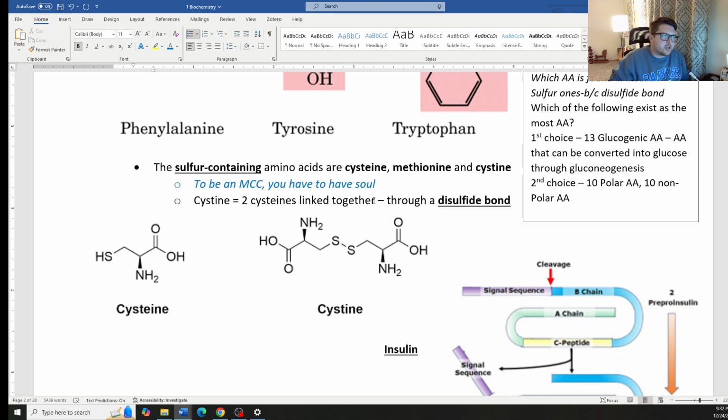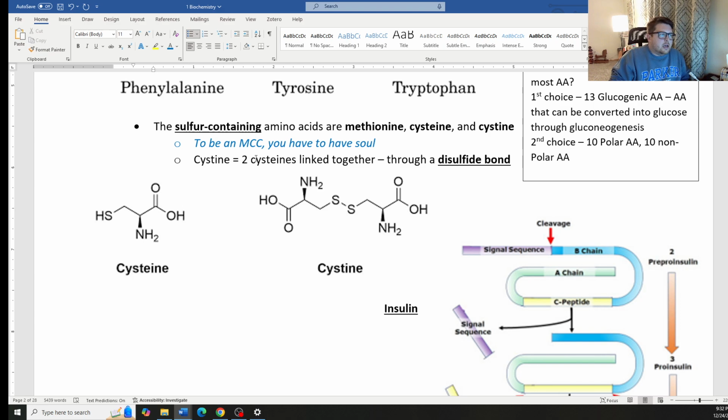We have sulfur-containing amino acids. These are cysteine, methionine, and cysteine. The mnemonic that we have to remember these is, to be an MCC, you have to have sol. Cysteine, methionine, and cysteine. I'm going to rearrange these so that they are consistent. MCC, keep them in order.